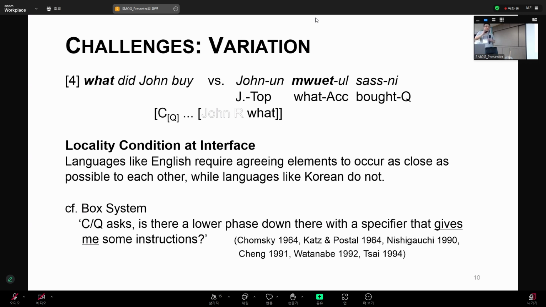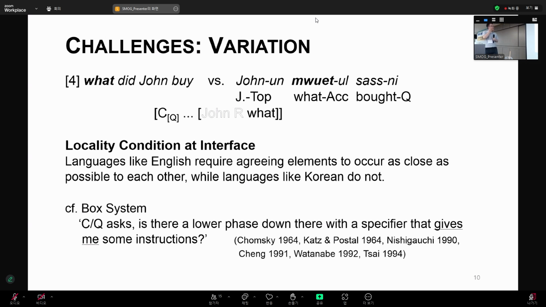So basically, for Chomsky, the difference between the two languages lies in the inherent nature of what. So figuratively speaking, and simply put, English what has some sort of requirement, I need to be there. That kind of requirement it has inherently, while the WH phrases in languages like Korean or Japanese don't have that kind of requirement. So perhaps the inner structure of the WH phrase in those languages might be different.